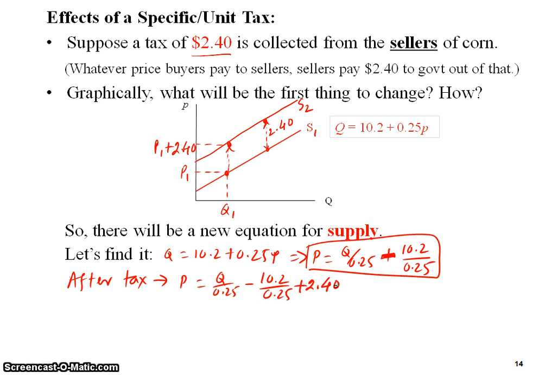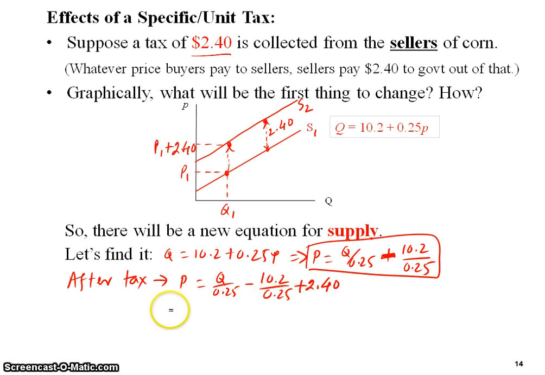Okay, now if you'd like to express this in the form of the regular supply, we have to solve for Q and bring it on the left hand side and put everything else on the right hand side. Okay, so to do that, what you can do is you can multiply both sides of this equation by 0.25, right, to get rid of these fractions.